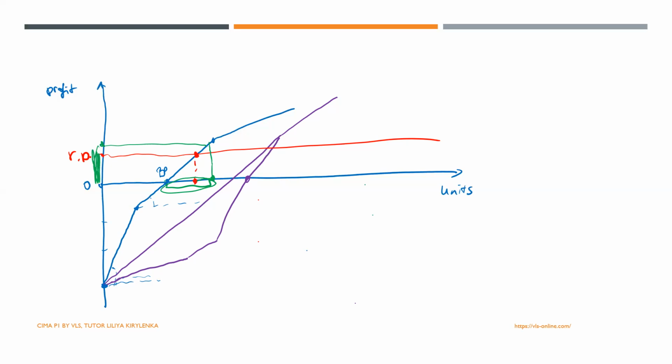So the total cost is this crooked line. What are those axes? So the vertical is profit and horizontal is units. And what is the line that represents required profit? This is the red line. Okay, so hopefully not too scary for you, and see you next.